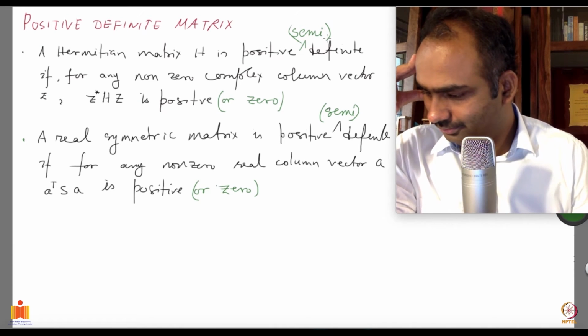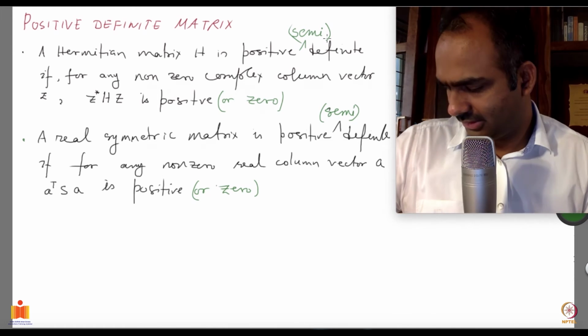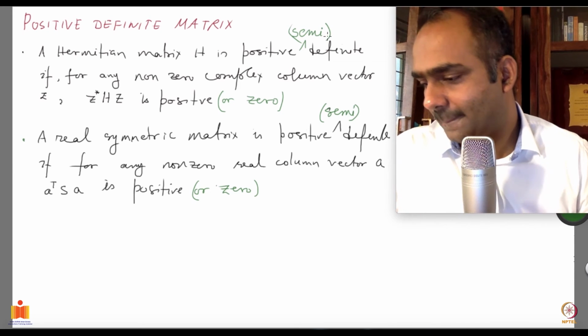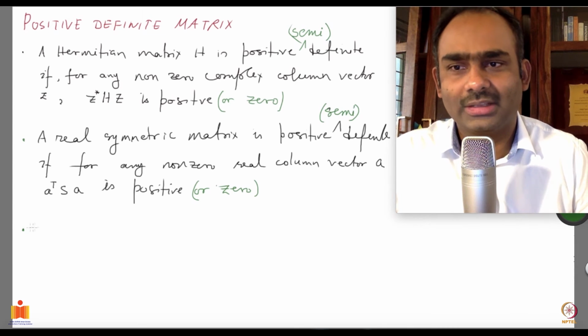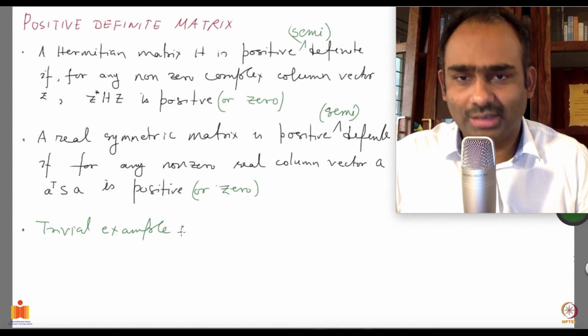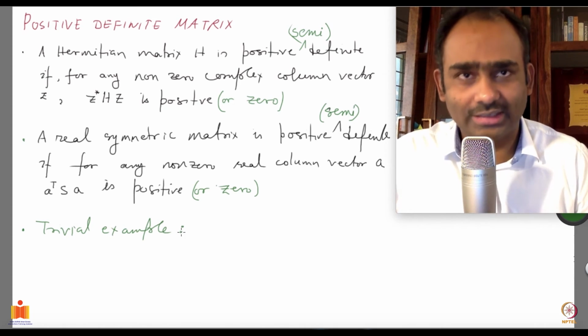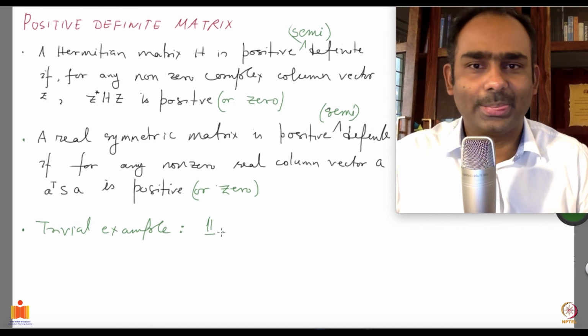Now first, let me give you a simple example. I think that will be a nicer thing to do. First, let me give you a trivial example. The trivialest symmetric matrix is the identity matrix, and this is positive definite.